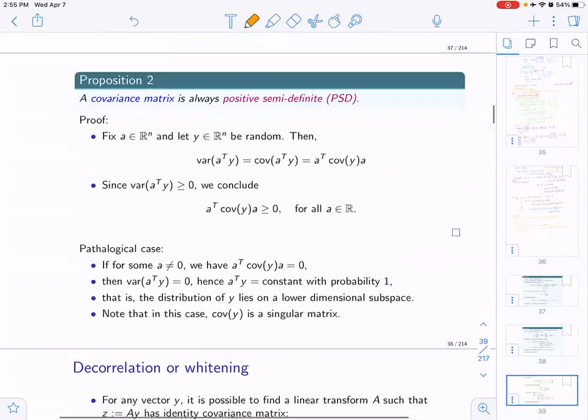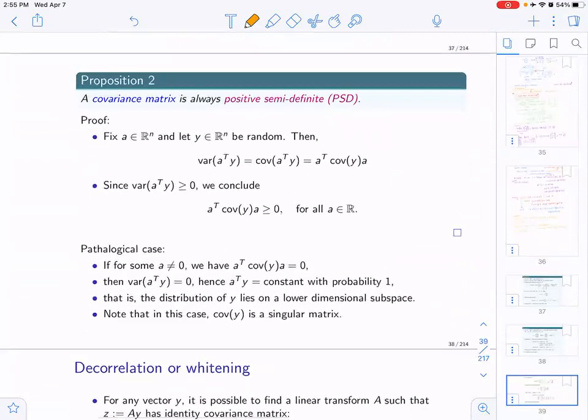So how about this? Has anyone looked at this result? Okay, good. So what is it saying? The covariance matrix is always positive semi-definite. So what is positive semi-definite, according to the previous lecture?